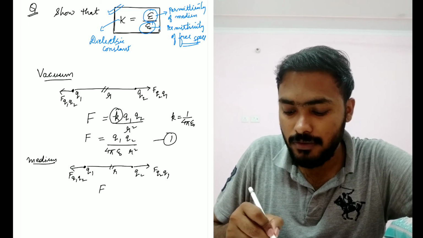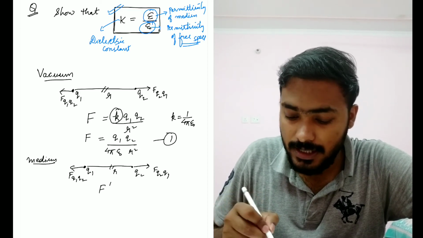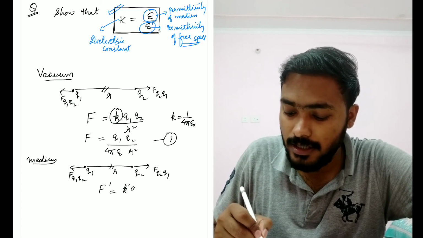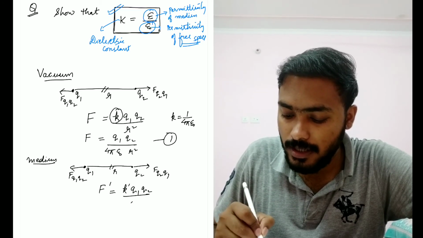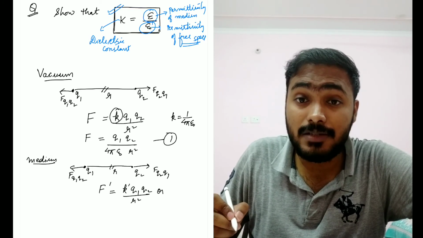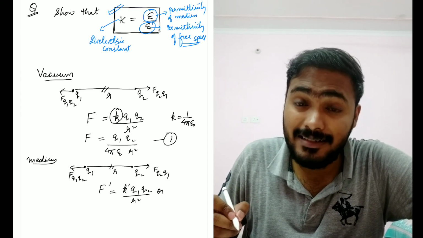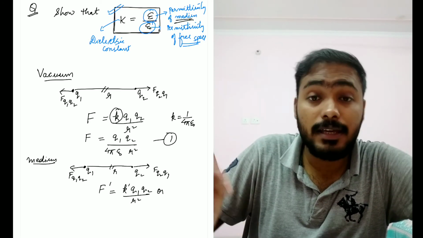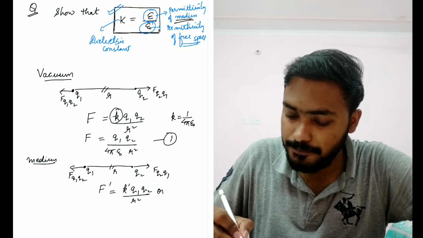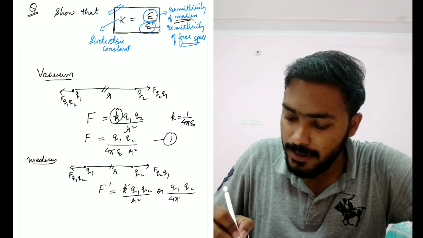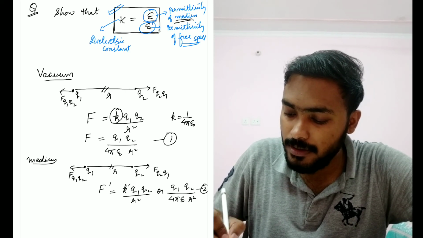But this time the force will be different, F dash. F dash will be equal to again k dash q1 q2 upon r square. K is also different, right? This time k dash can be written as 1 upon 4 pi epsilon instead of epsilon naught. Epsilon is the permittivity of medium, right? So I can write it as q1 q2 upon 4 pi epsilon times r square. This is my equation number 2.